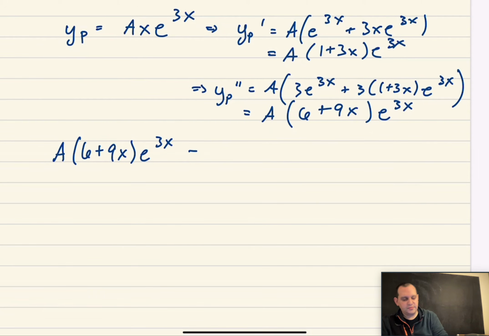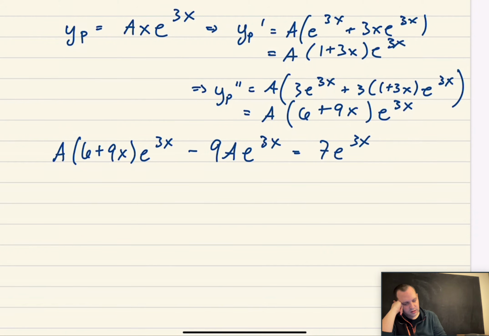Minus 9 y sub p. That's going to be equal to 7 e to the 3x. And now at least there's a chance. Now at least there's an opportunity for this to go well.